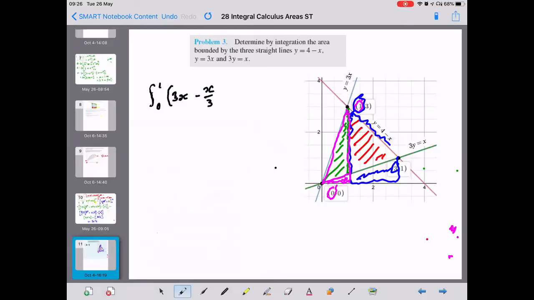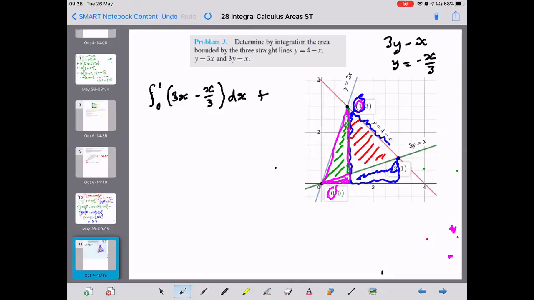That comes from the function 3y equals x, so y is equal to x over 3. Okay, that's where that comes from. dx.